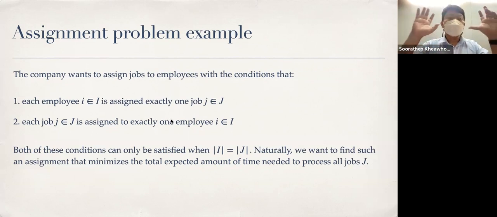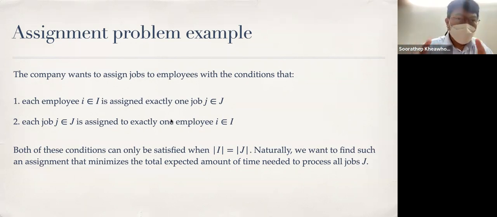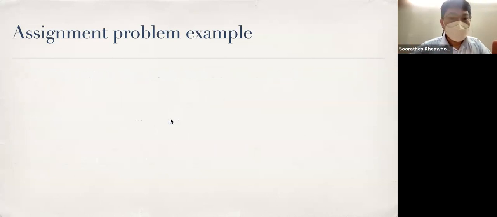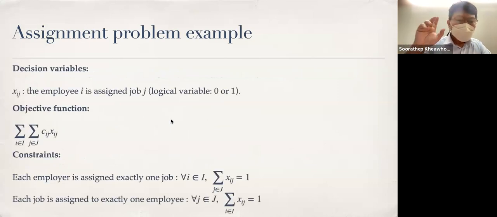So you need a variable that can represent any possible scenario. Okay, so the decision variable is xij. It represents the condition that employee I is assigned to job J.